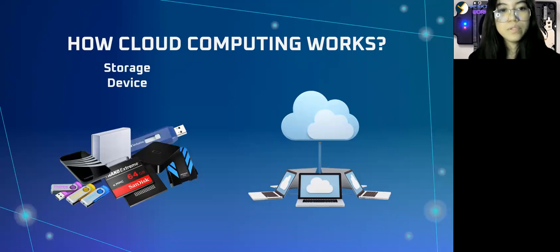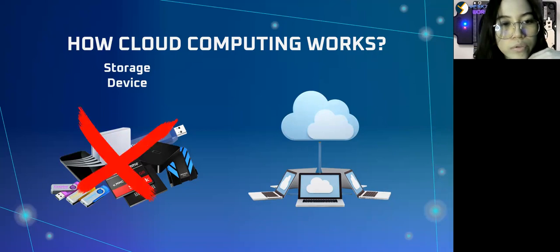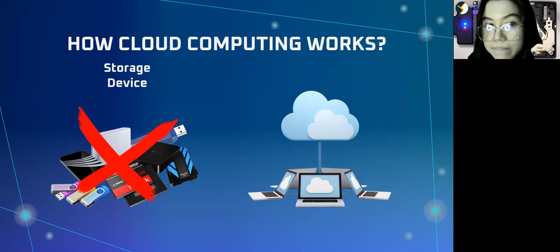So how does cloud computing work? As mentioned, you don't need those local drives such as the flash drive, the hard drive, and the other drives where you will store all of your data. You don't need those. What cloud computing offers is that your computer needs only an internet connection.